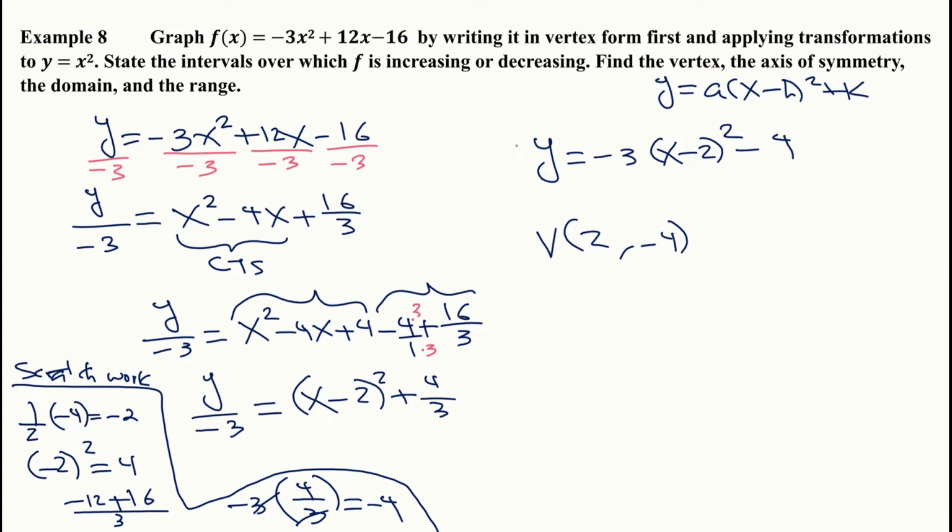And we get the axis of symmetry is going to have equation x equals 2. And notice, as far as transformations are concerned, you would have to take the graph of y equals x squared, move it 2 units rightward.